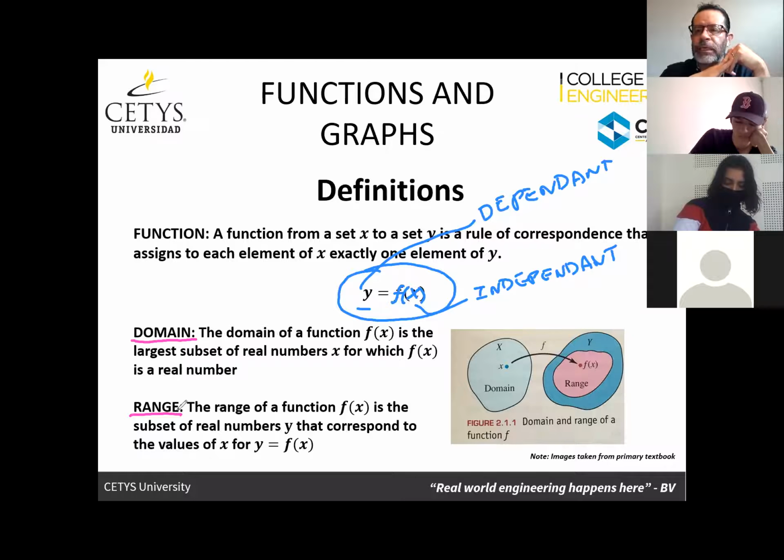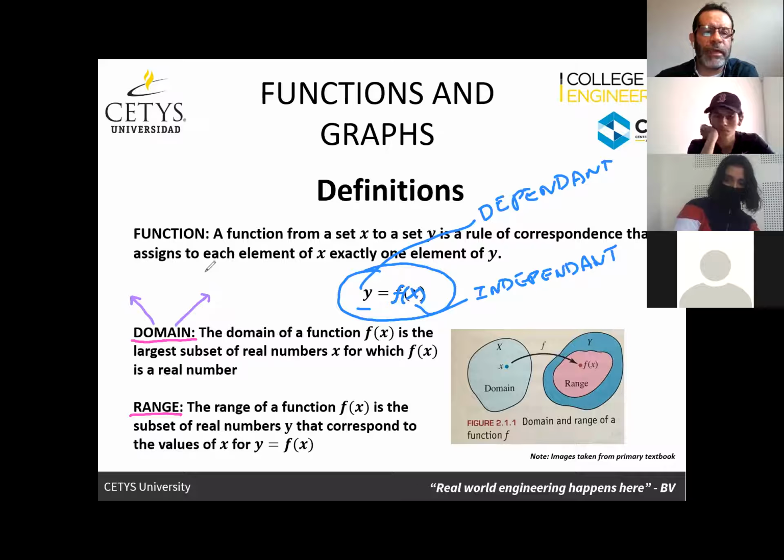Now, there's basically going to be two rules that we're going to follow here of things that are excluded from the domain of a function. And these rules are very, very simple. And I'm going to ask you to remember them or write them down. Things that are excluded from the domain of a function, or things that are values of X that cannot occur.